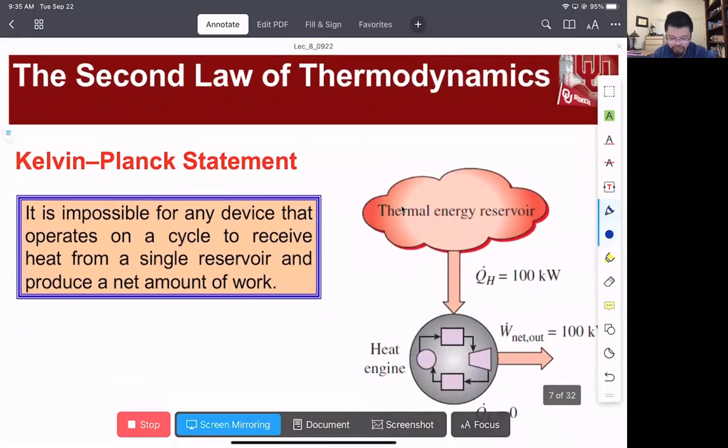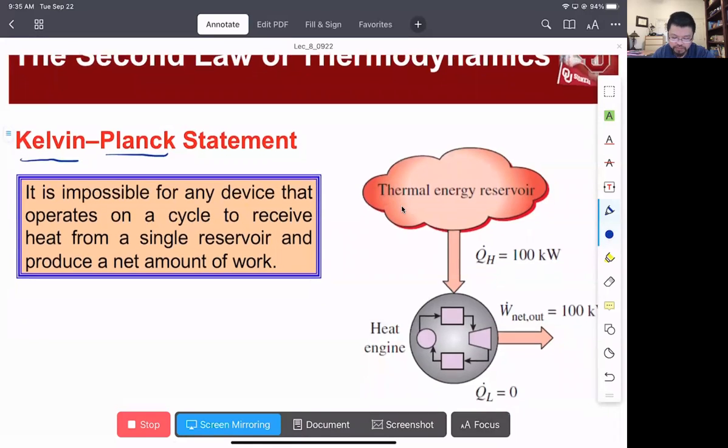So in the following few slides, I was trying to put together some statements made by the giants of thermodynamics, say Kelvin or Planck. We know the Planck constant, right? Same Planck. So let's take a look at what their statements were regarding the second law of thermodynamics.